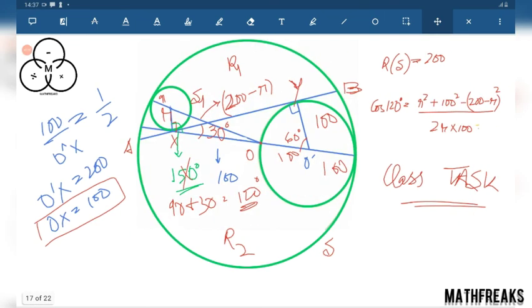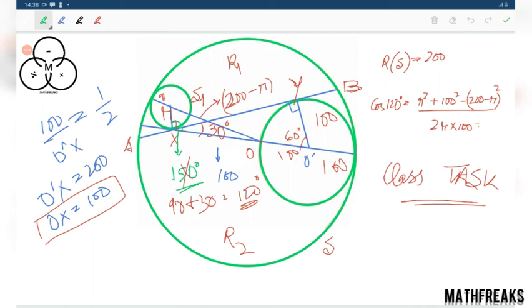Let's solve it. This will be cos 120 degree, minus 1 by 2, minus of 100 r equals to r square plus 10 to the power 4 minus of 4 into 10 to the power 4, that is 40,000, minus of r square plus 400 r.